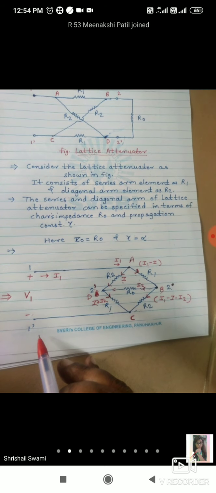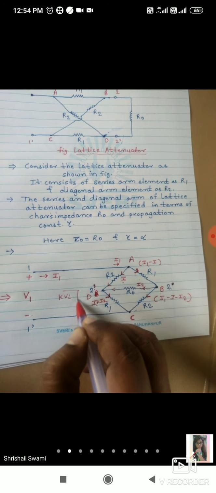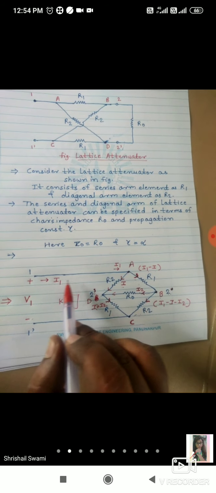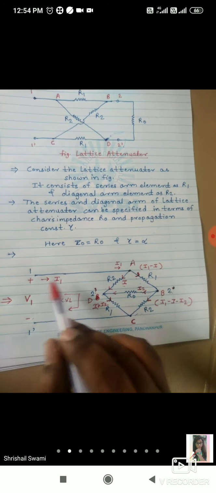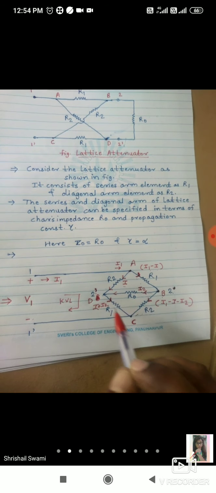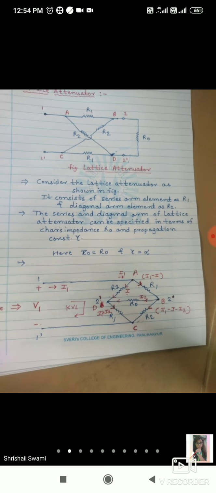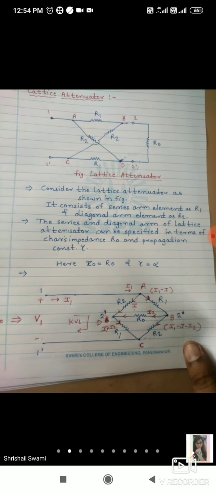C to 1. So if you are applying KVL in this loop, the path I have selected is 1 to 1, A, B, D, C, and 1. Then you will get one expression, and from that expression you will get the formula of R1.